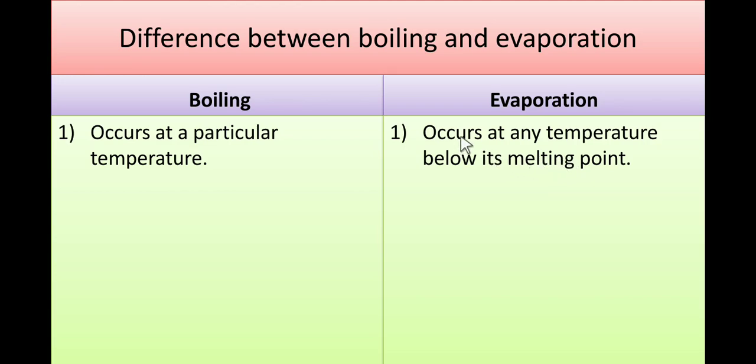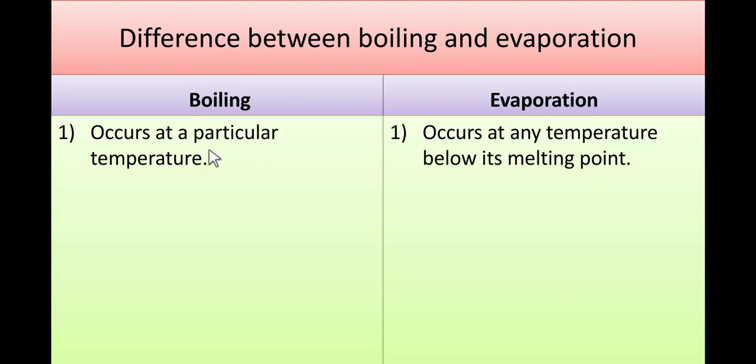That is, evaporation occurs at any temperature from 0 degree to 99.9 degree, that is below its boiling point. For example, water. But at 100 degree C, this process is called boiling, and below this 100 degree C, this is called evaporation.